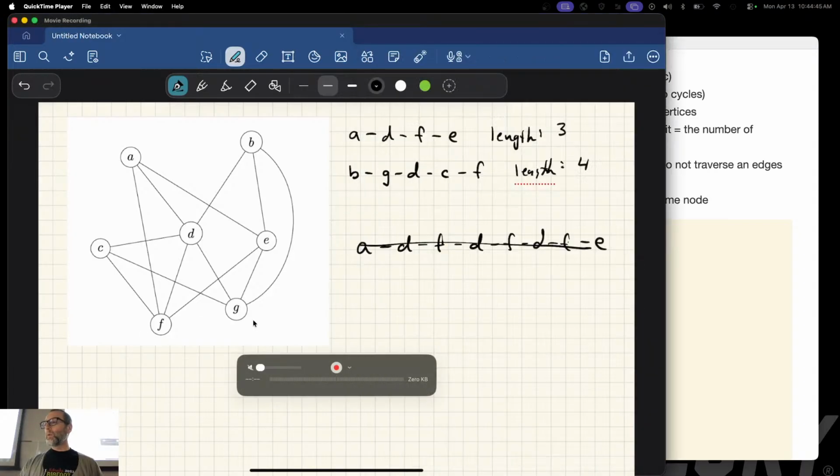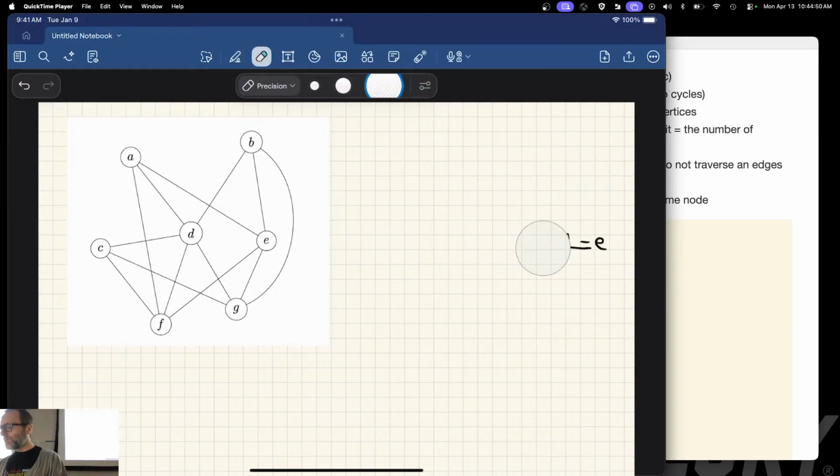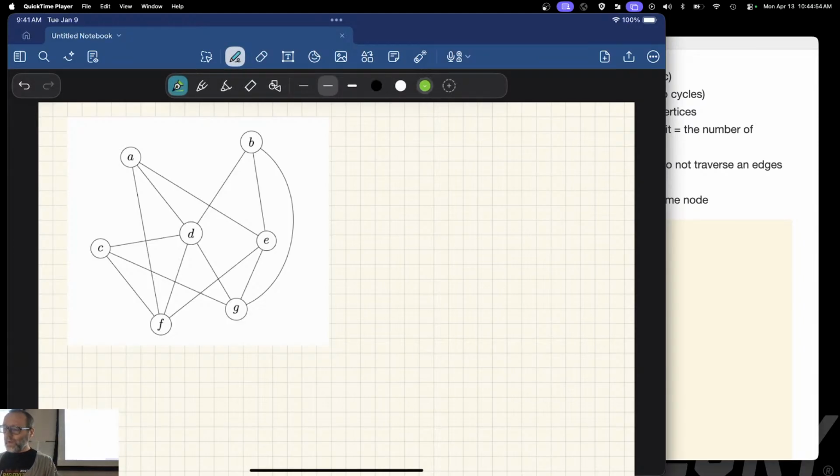So, for example, over here, let's go ahead and erase all these now. There we go. Give me a cycle here, and I'll highlight it in green. I can go from A to F to D back to A. There is the cycle right there, right? So in other words, A to F to D. Now what is the length of this cycle? Remember the length of a path is the number of edges on it.